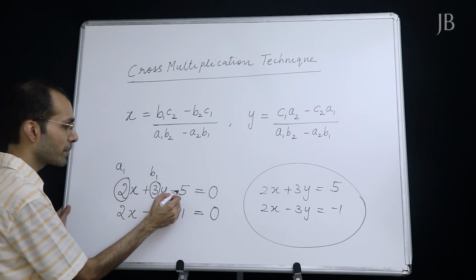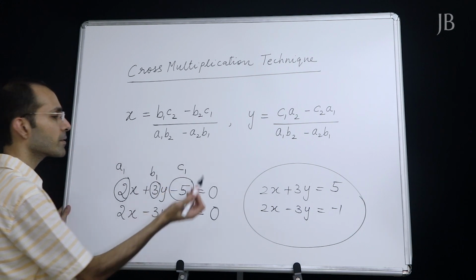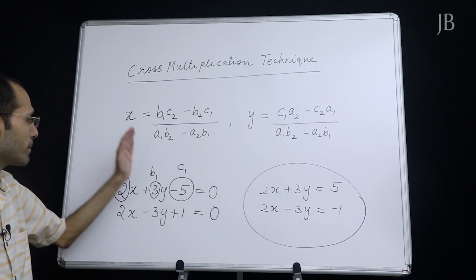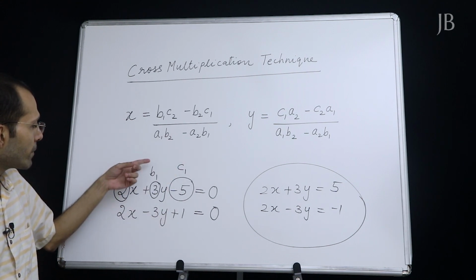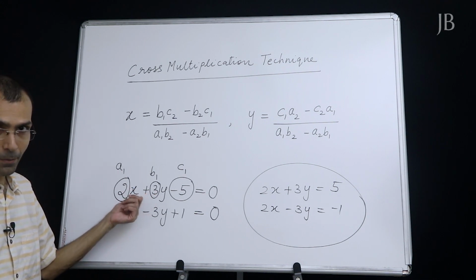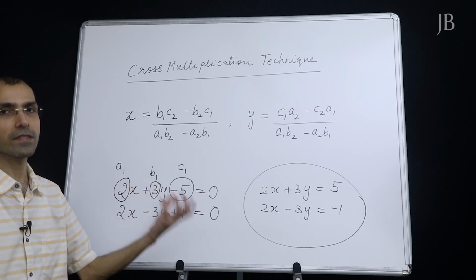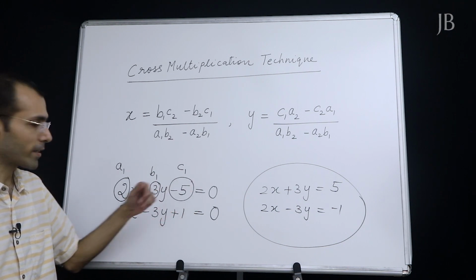No. Constant term is minus 5. So this will be C1, because this is the first equation. So a1, b1, c1. So a1 stands for the coefficient of x, b1 stands for coefficient of y. Of course, the sign has to be taken care. Positive hai to positive, negative hai to negative, and c1 stands for the constant term. That is minus 5 in this case and not only 5.